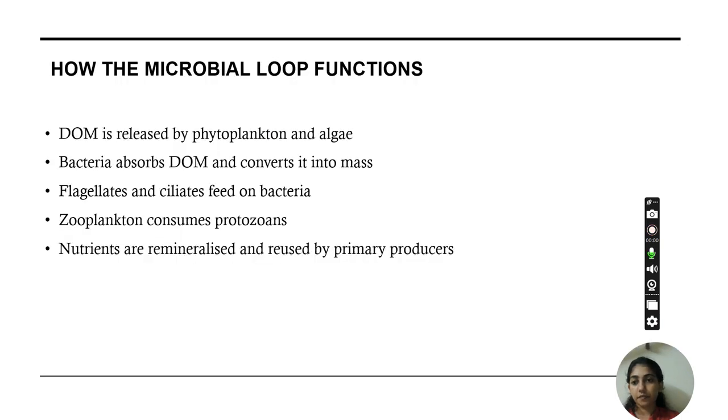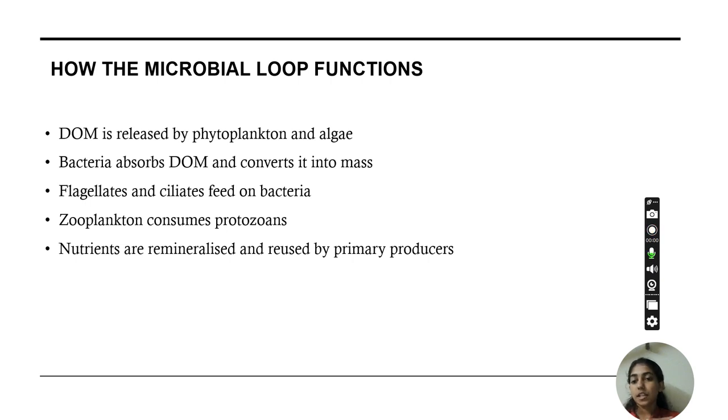And next we have how the microbial loop functions. This is just a short view of the functionality of microbial loop. Next slides we have a much more elaborated version. So DOM is released by phytoplankton and algae.